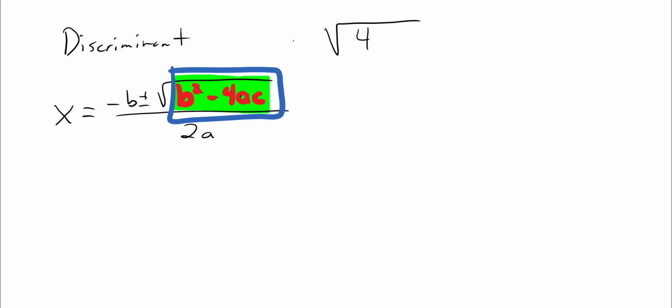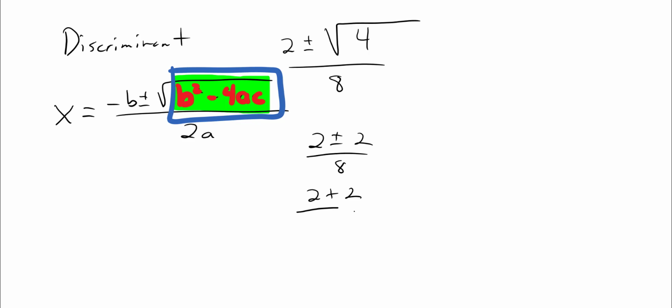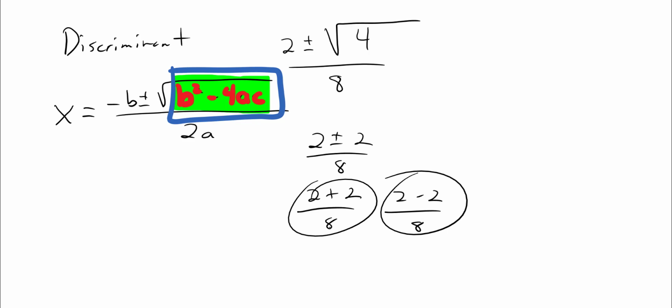If I have 2 plus or minus the square root of 4 over 8, do you guys agree? The square root of 4 is 2, so I have two answers: 2 plus 2 over 8 and 2 minus 2 over 8. If I simplify, 4 over 8 is 1/2, and 2 minus 2 is 0. So I have two answers, 0 and 1/2. That gives me two real solutions.